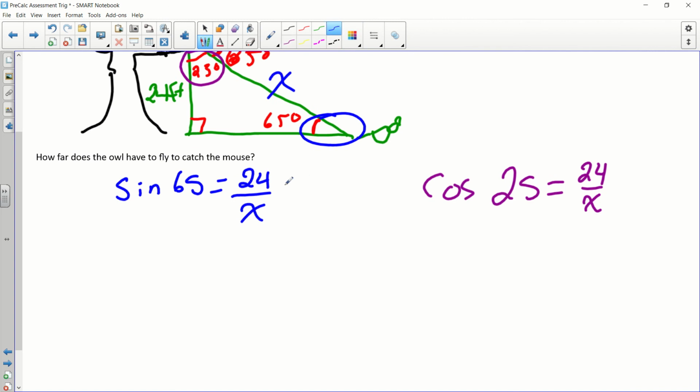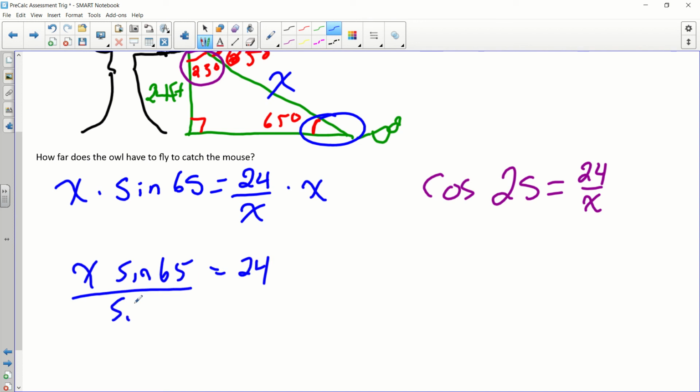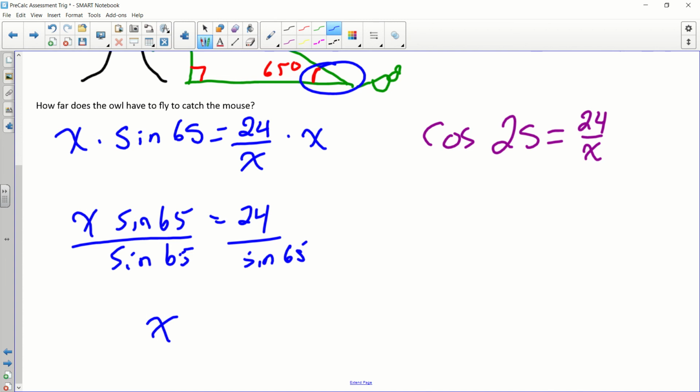So to get x out of the denominator, I need to multiply both sides by x. And then to get x by itself, we need to divide both sides by the sine of 65. And I would do the same thing if I use cosine.